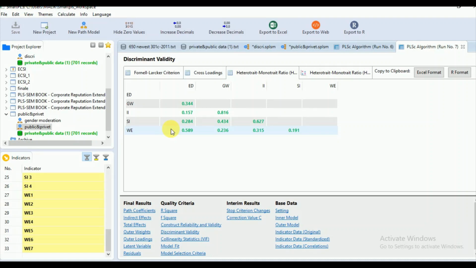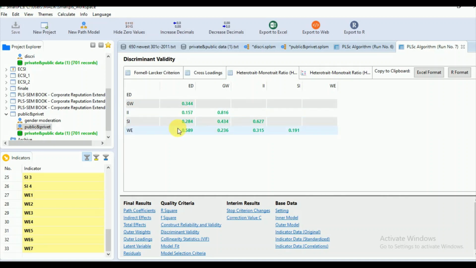If the value is more than 0.85 it seems problematic, but here we don't have any value more than 0.85. So we can say that in our model the discriminant validity is established.